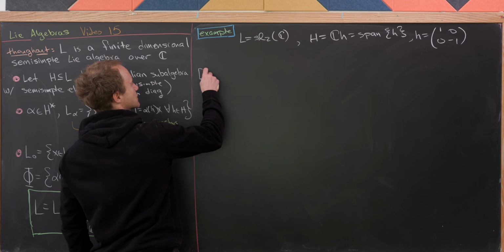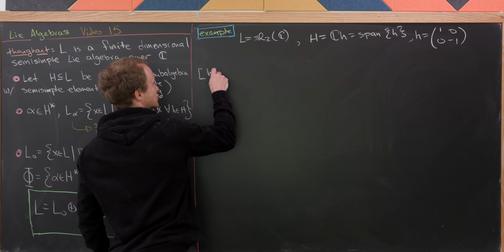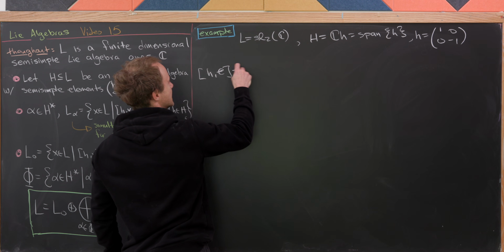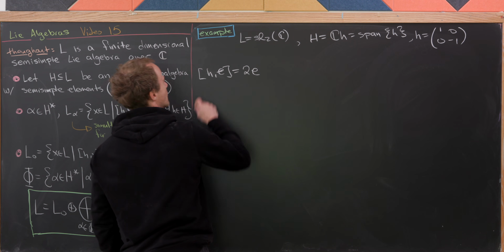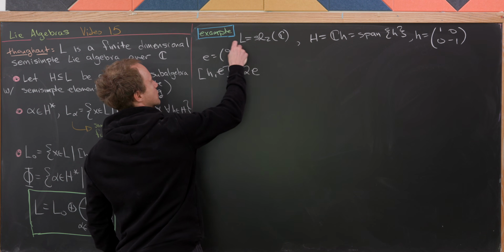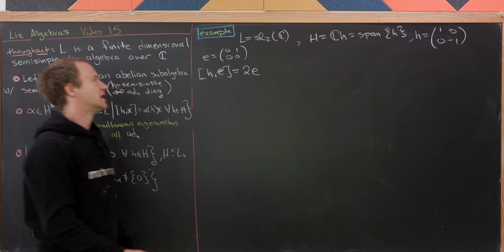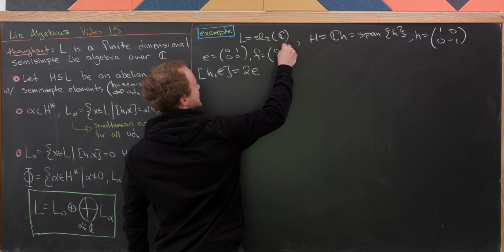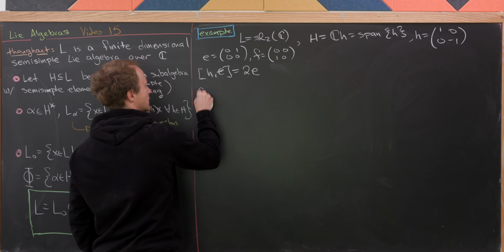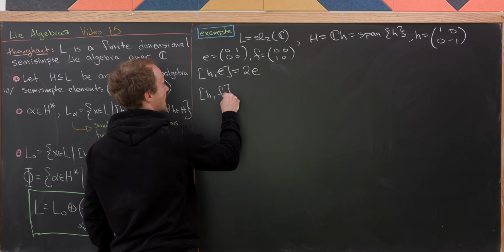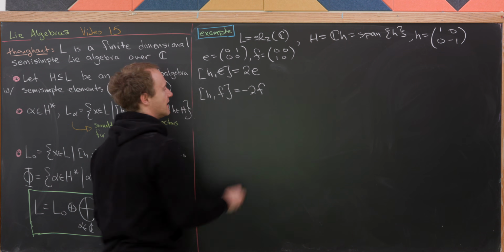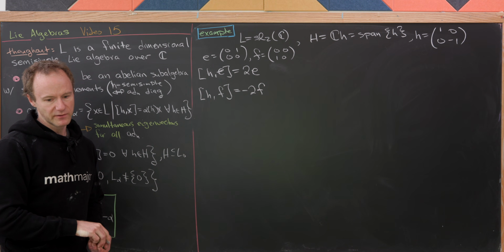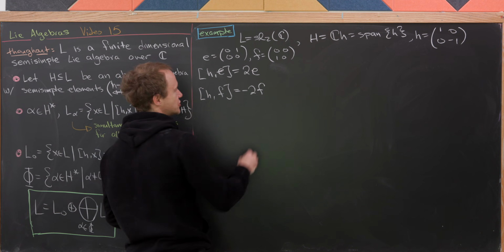Then let's recall that H bracketed with E is equal to 2E, where E is of course this matrix right here, 0, 1, 0, 0. And then we'll also define F as 0, 0, 1, 0. And then we have H bracketed with F as -2F. So that provides a little bit of motivation.